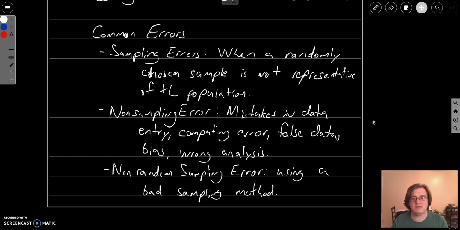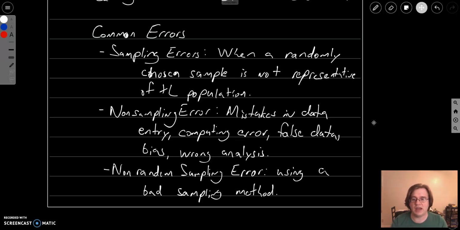Even though you had the perfect method for choosing a perfectly random sample, you could have accidentally randomly chosen 500 women to be in your sample, in which case it's not representative of the population being roughly split. So a sampling error is just when you selected a bad sample.